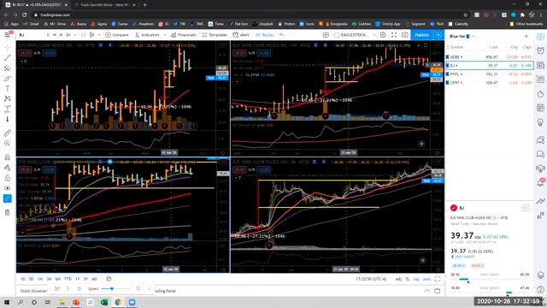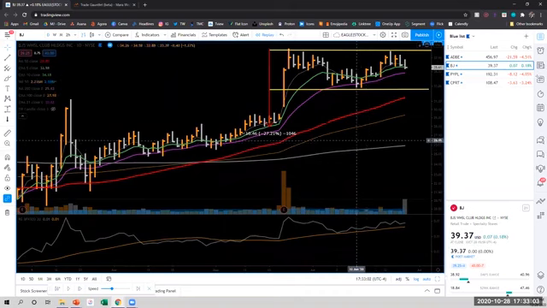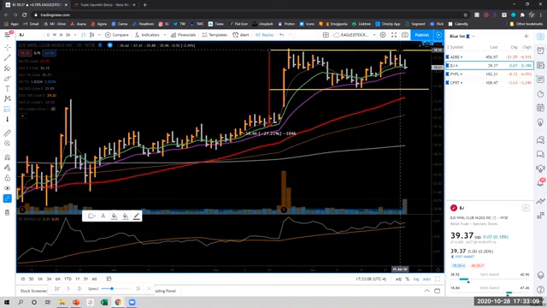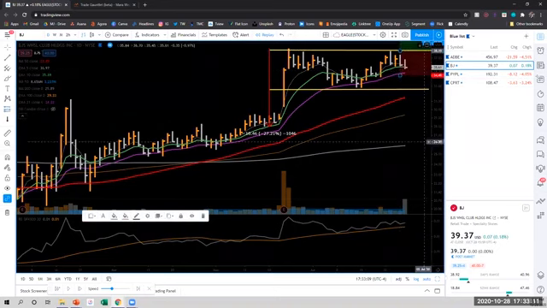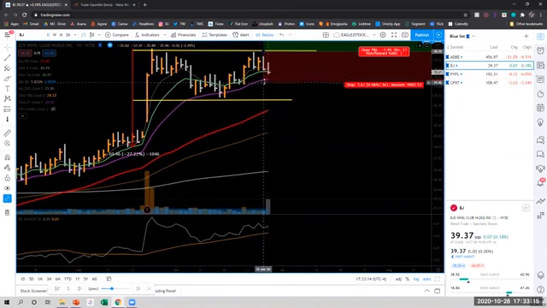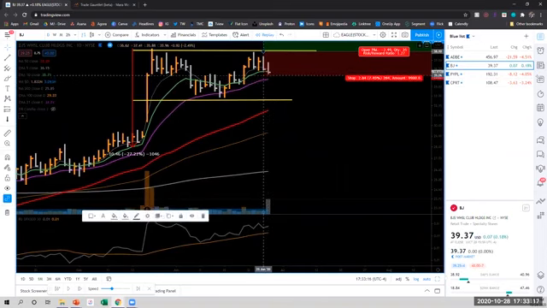So I see this flag setup, and then I would come down to the daily time frame and start to enter my potential entry and stop loss. So I would want my stop to be somewhere in this neighborhood initially. That's where price came down to so far.